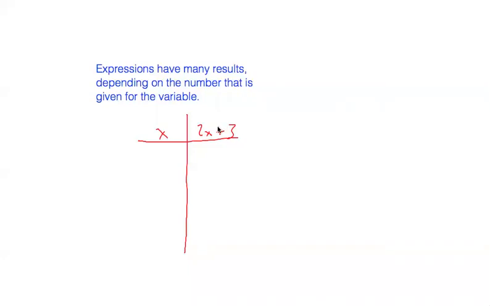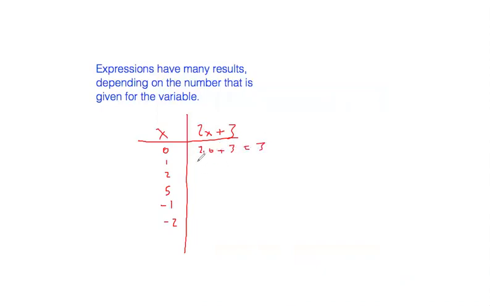And I can show this by using our expression 2x plus 3 with a number of different x values. Suppose I used 0, 1, 2, 5, -1, -2. Then in the first case, x is 0, so that's 2 times 0 plus 3, which is 3.